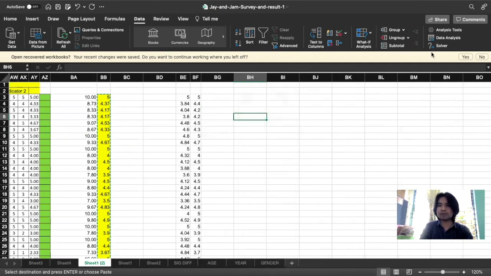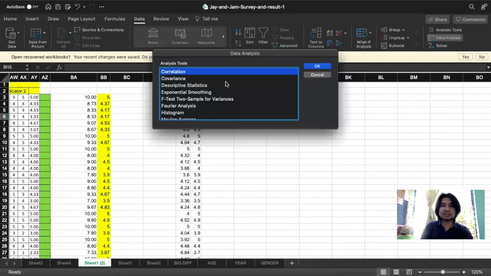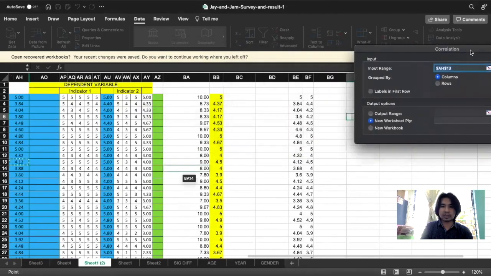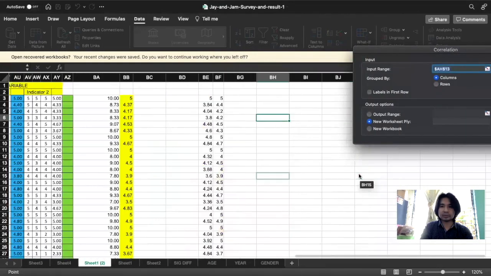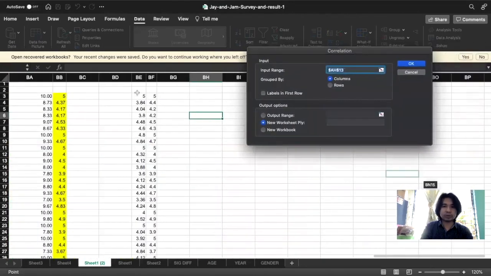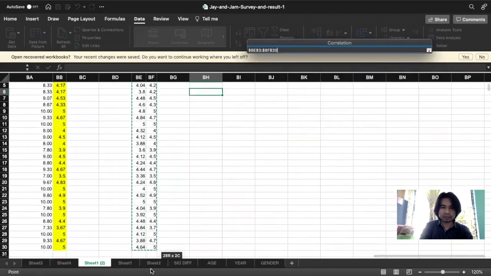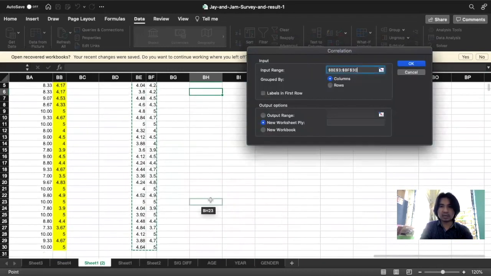So let's try to solve for the correlation. We'll use data analysis, then correlation. For input range, here. Okay.